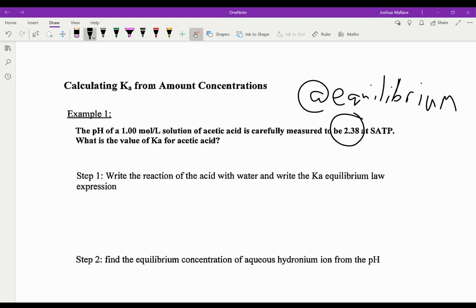Step 1 tells us to write the reaction of the acid with water and write the Ka equilibrium law expression.